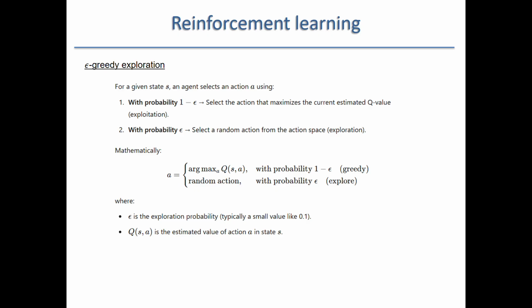With probability epsilon, you take a random action and then you explore what happens. With probability 1 minus epsilon, you take the best action according to your current values. Given that you are in S, you take the best action you know for the moment. And this exploration probability is typically around 10%.